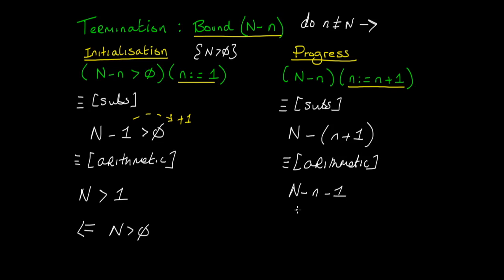And of course, to prove that it's a decreasing function, that's always going to be less than n minus n. So our bound function is decreasing all the time. Every time around, we're taking another one off and another one off, thereby decreasing the amount of space that we've got left to process.